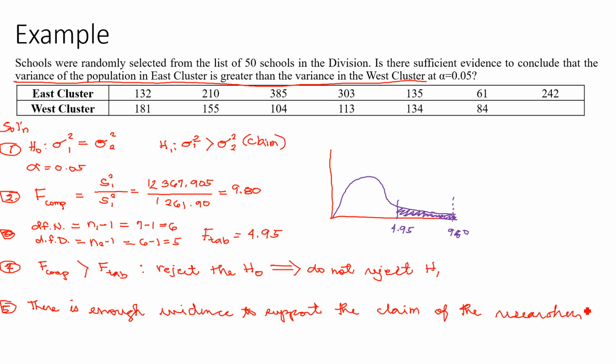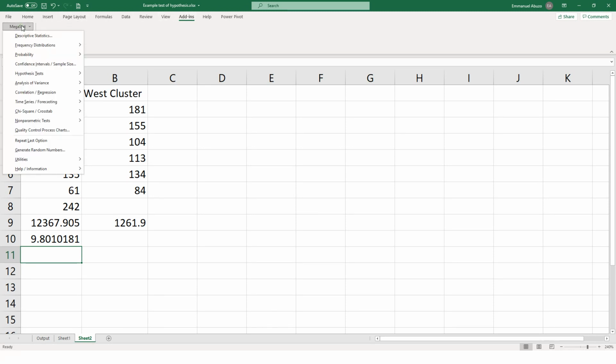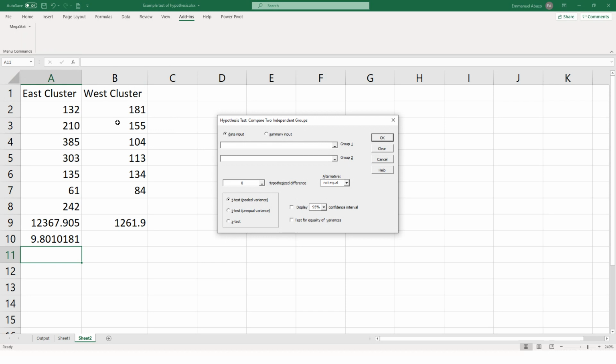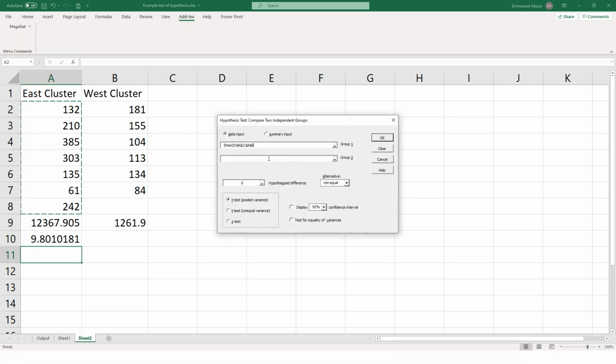So this is the MegaStat. What we are going to do, we go to Add-Ins, MegaStat, and then we go to Hypothesis Test, and then we have Compare Two Independent Groups. In this case, our group 1 would be the East cluster, and our group 2 would be the West cluster.